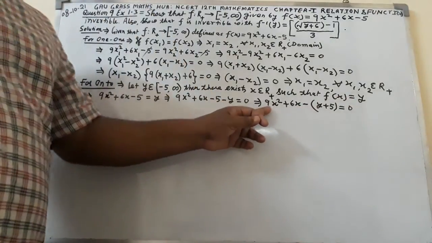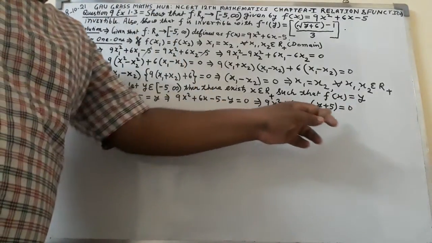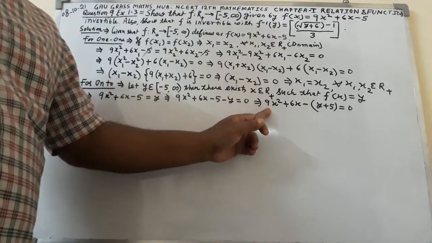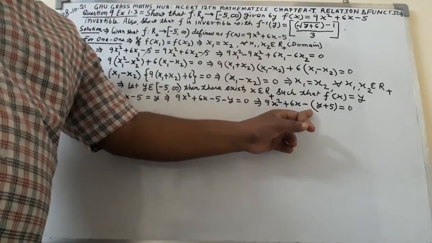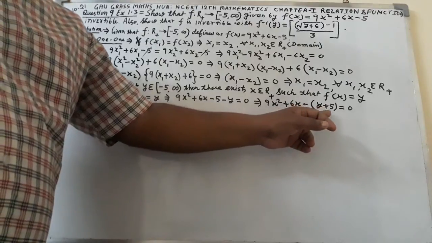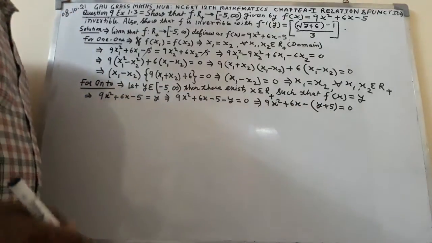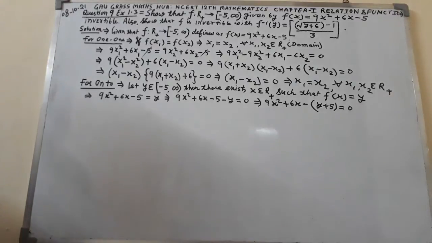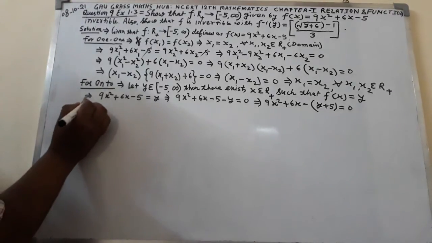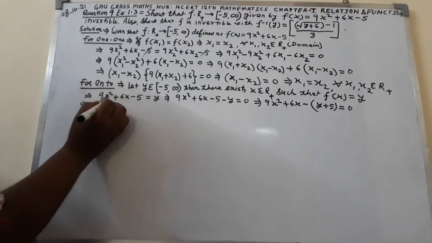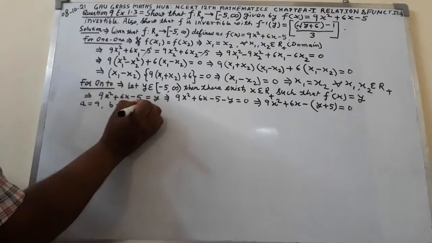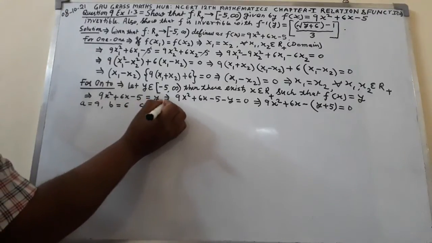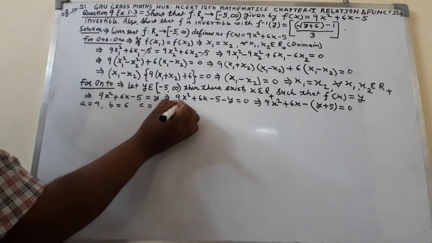Now here you can see this is a quadratic equation in which a is equal to 9, b is equal to plus 6 and c is equal to minus in bracket y plus 5.